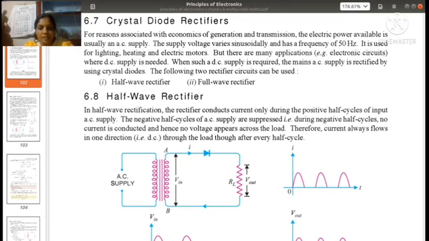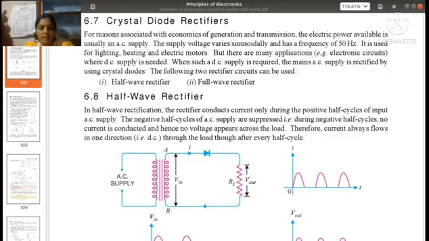But in life there are many other applications, like electronic circuits, where DC supply is needed. So we need to convert the AC supply into DC supply as we require.